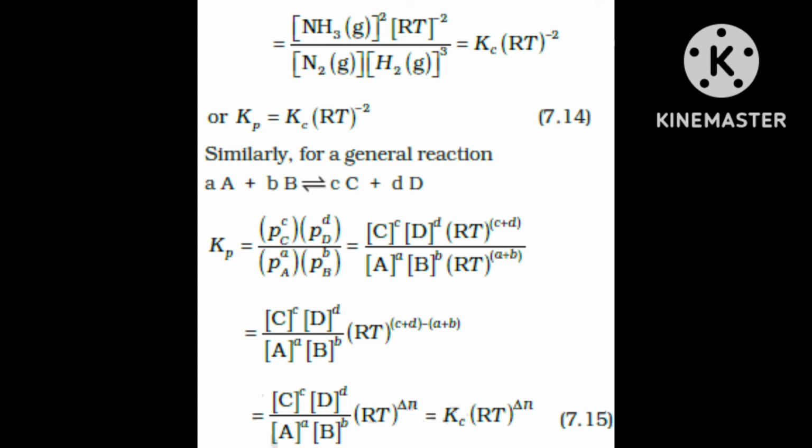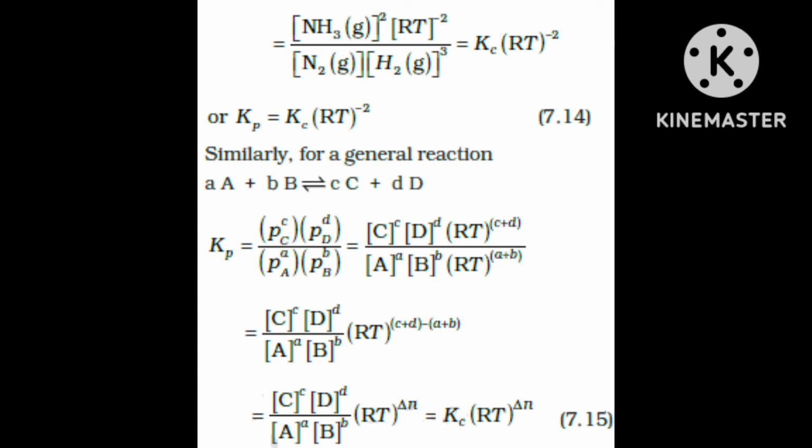So the relation became Kp is equal to Kc into RT power minus 2.